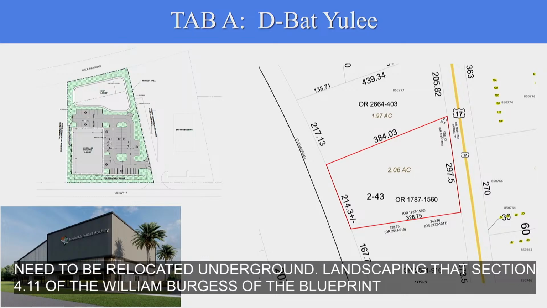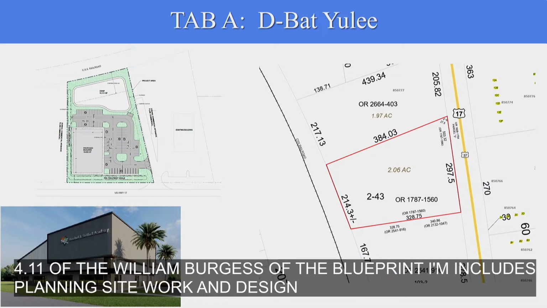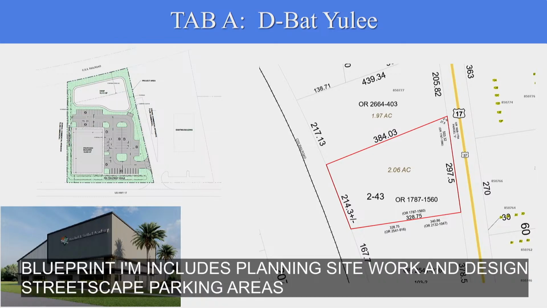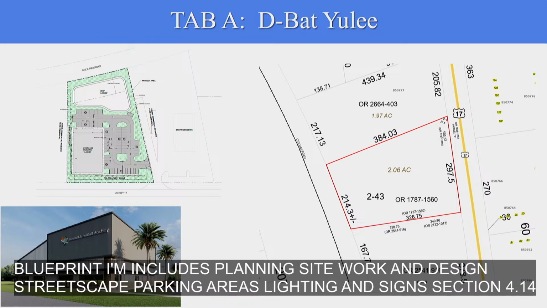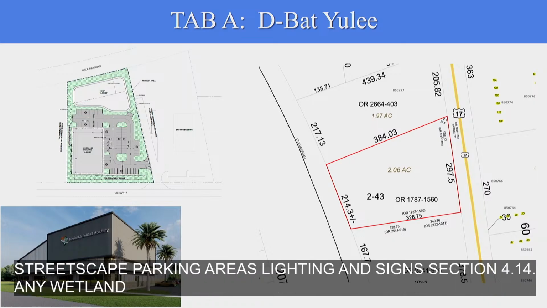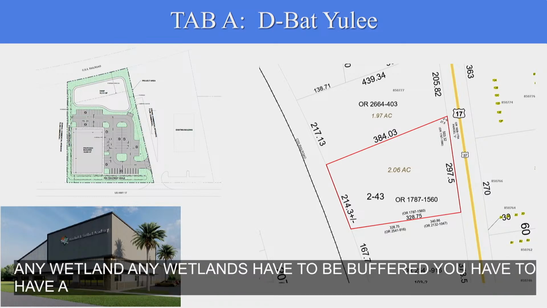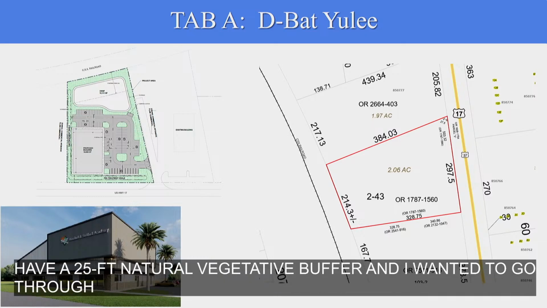It includes planning, site work and design, streetscape, parking areas, and lighting and signs, section 4.14. Any wetlands have to be buffered. You have to have a 25-foot natural vegetative buffer. I wanted to go through some of that fairly quickly to get to the other things.